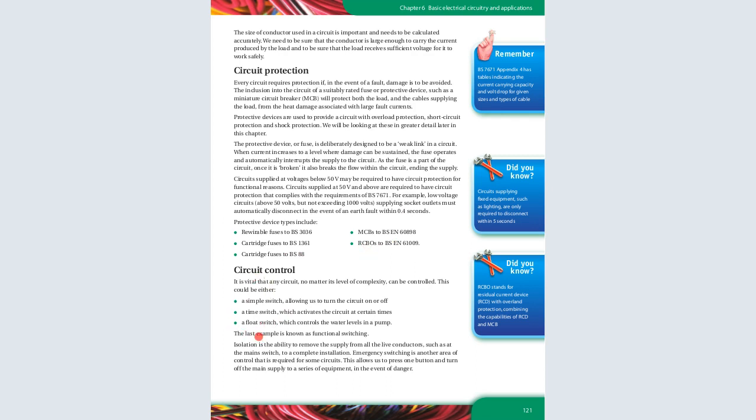Now, circuit control. What is circuit control? It is vital that any circuit, no matter its level of complexity, can be controlled. This could be a simple switch that allows us to turn the circuit on or off, or a time switch which activates the circuit at a certain time.